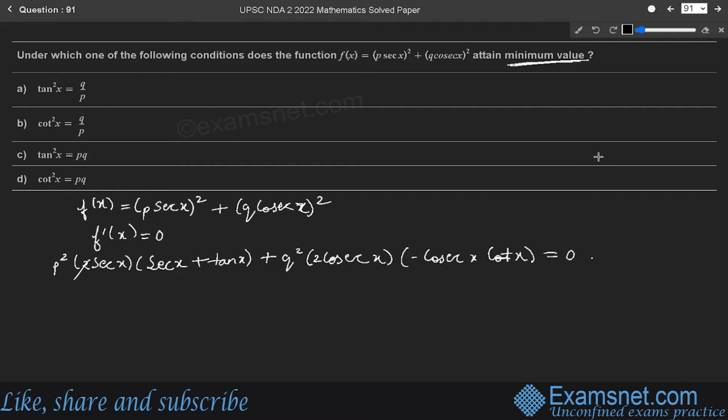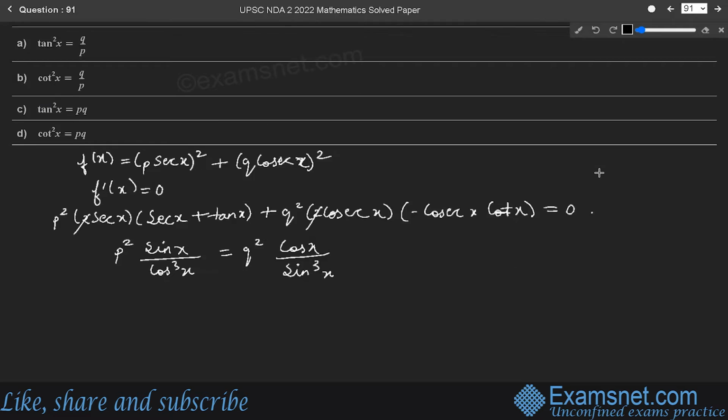This 2 and this 2 will be cancelled. The remaining terms will be p square into sin x upon cos cube x is equal to q square into cos x upon sin cube x.